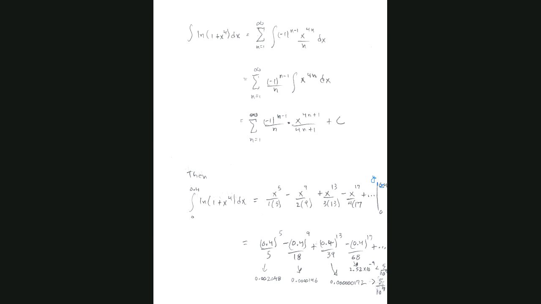The top limit is 0.4. Okay, so I'm going to put 0.4 into the series. I'm going to have the series evaluated at 0.4 minus the series evaluated at x equals 0, but we know that's going to be 0. So this is what we have of the series.